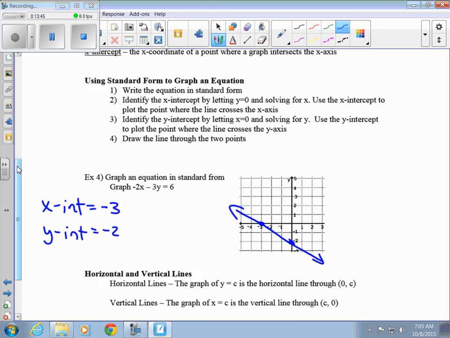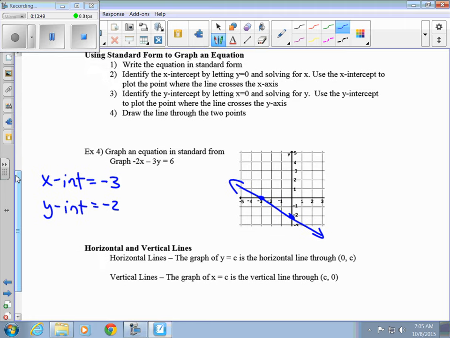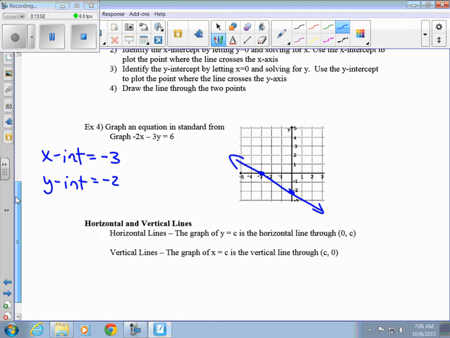Well, the other way to do this is to use slope-intercept form. So if we would do that, let's take the equation and let's solve it for y. So we're going to have -3y equals 2x plus 6. We added the 2x to both sides. Now we divide by -3. So we're going to get y equals -2/3 x minus 2.